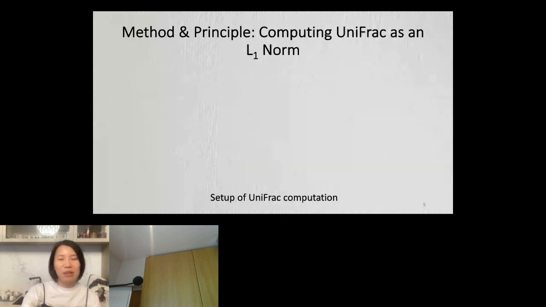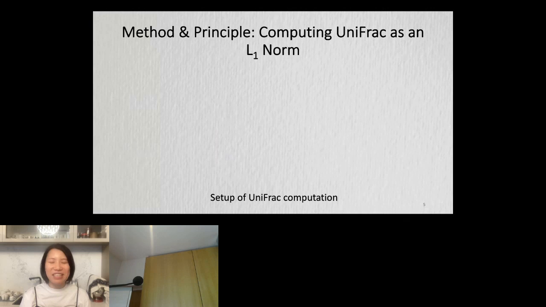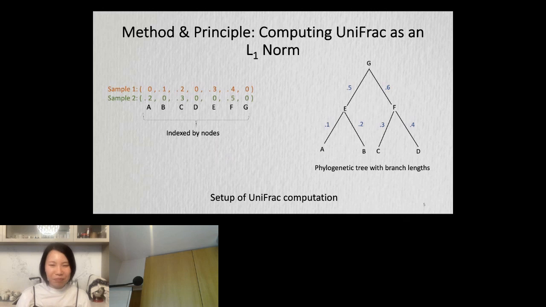And here we talk about the setup for Unifrac computation. The computation of Unifrac by its original definition is kind of complicated, but there's an alternative formulation. Under this formulation, suppose we need to compute the Unifrac distance between sample 1 and 2.